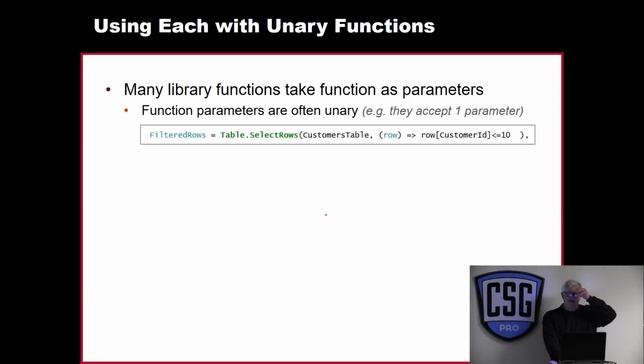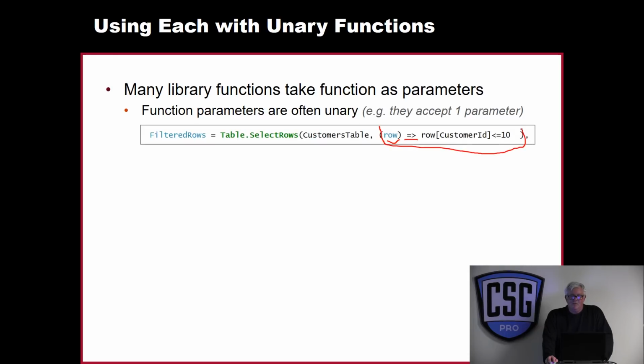Okay. Now, the next thing I want to discuss is something called unary functions. If I do the long-winded way first, you have table select rows, you have this customer table, and then you want to do a for each, so you have this row, and then you have this operator right here.